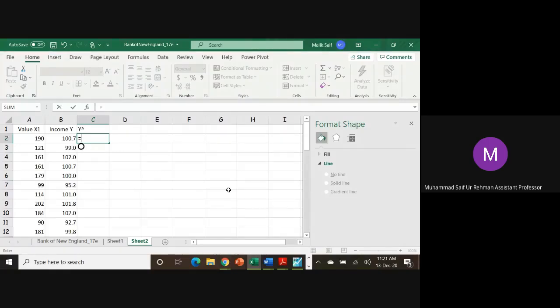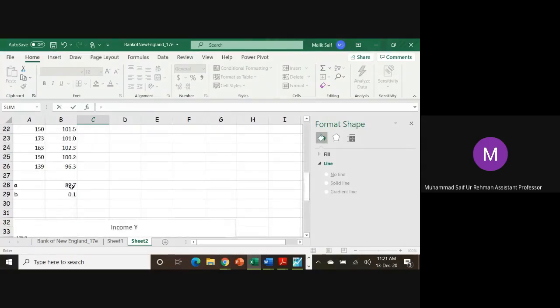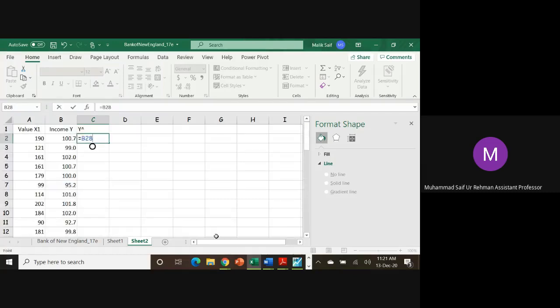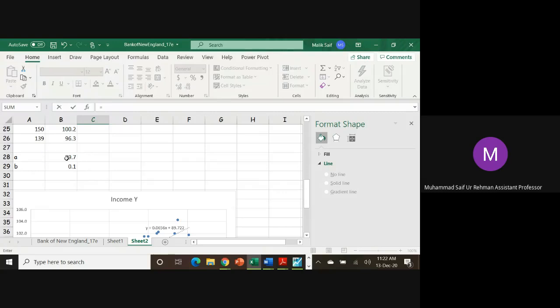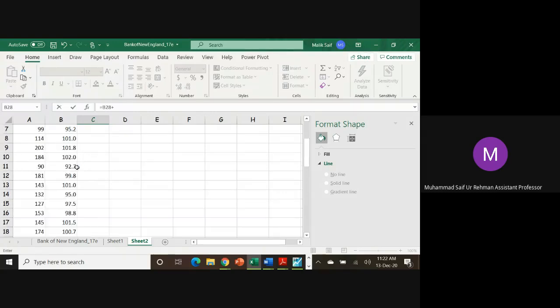So what is a? This is a plus b and x1. So this is x1, and you have to multiply this basically. This value plus this value, and then multiply this with this value.